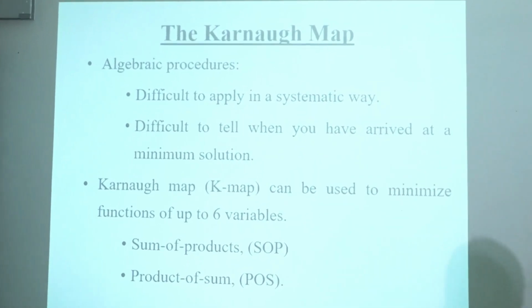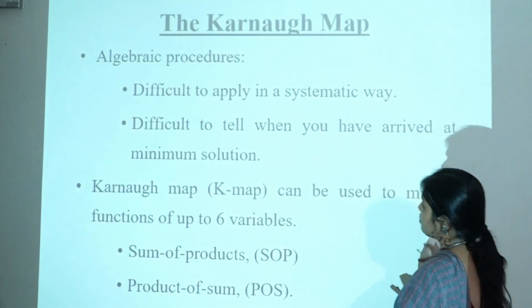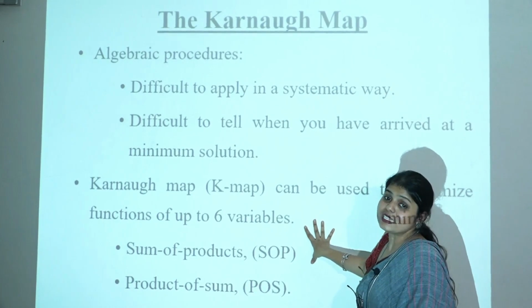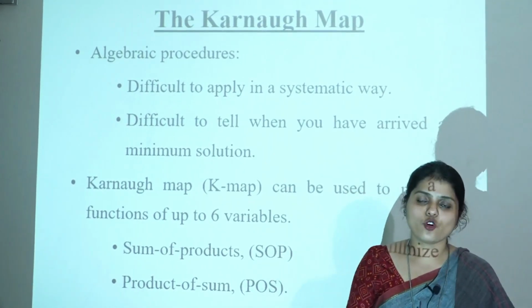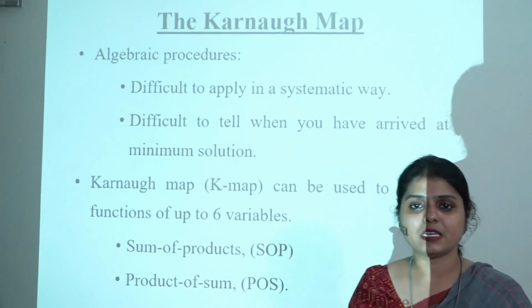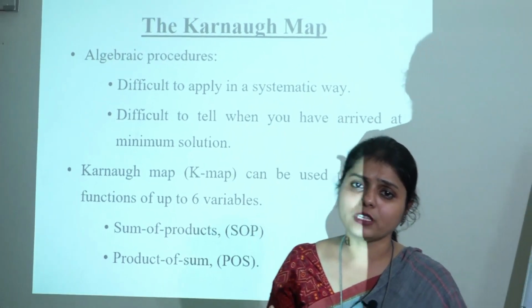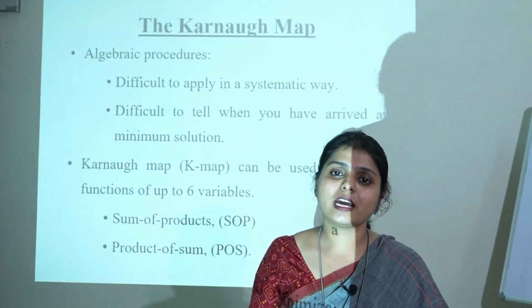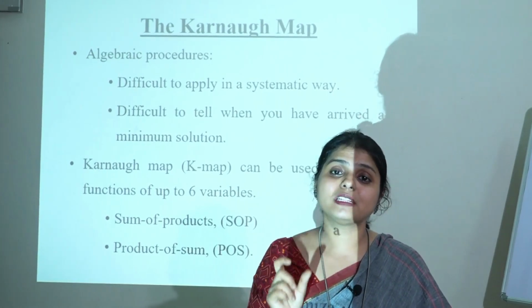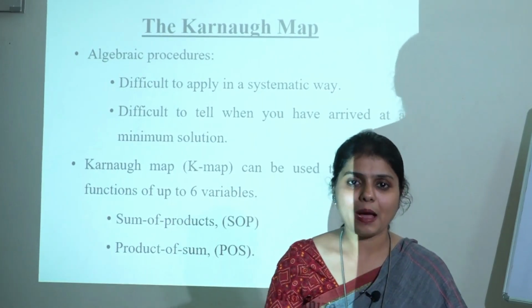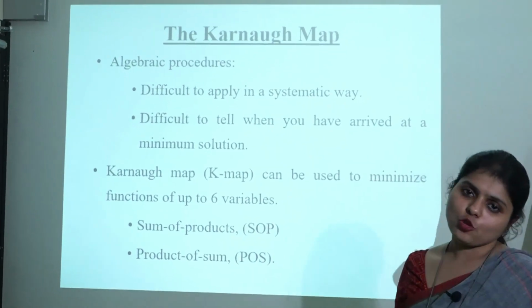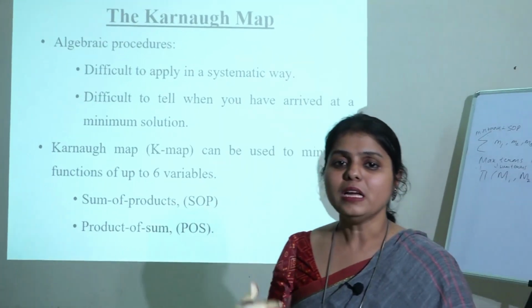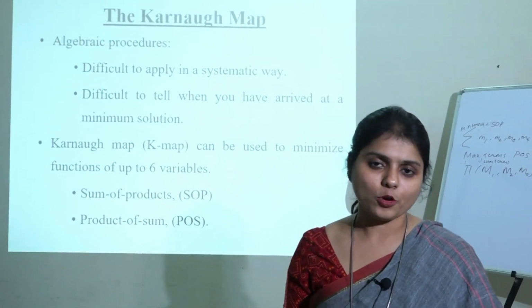Okay. Now we can use K-map method to minimize the function with up to 6 variables. Okay. A, B, C, D, E, F. You can take up to 6 variables with n number of terms in it, and you can reduce that with the unique optimal solution using K-map methods. Okay. So here we will be applying either SOP form or POS form in our K-maps method. Okay.